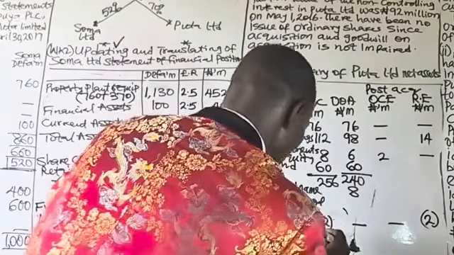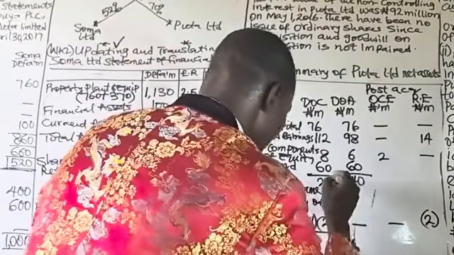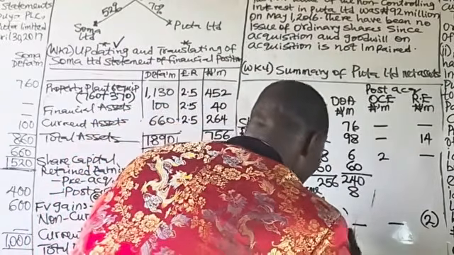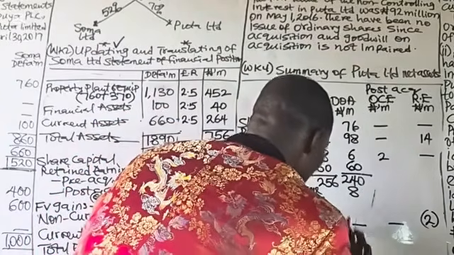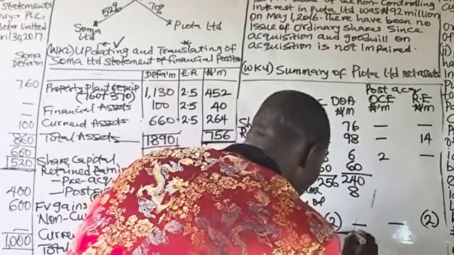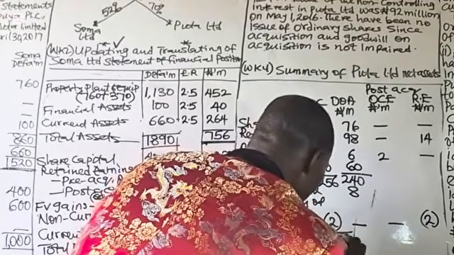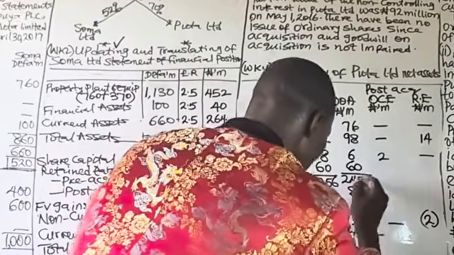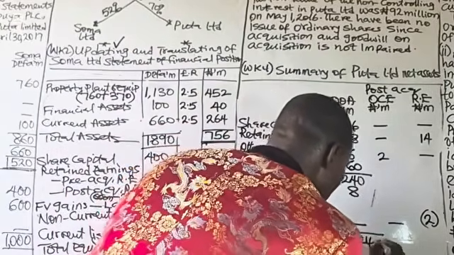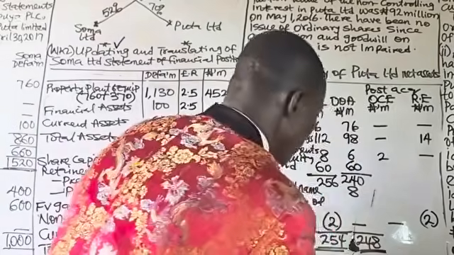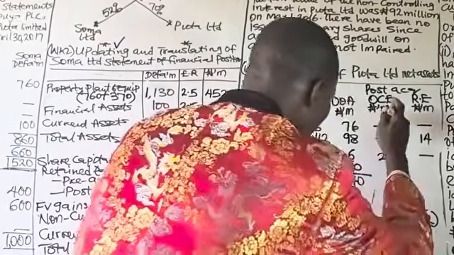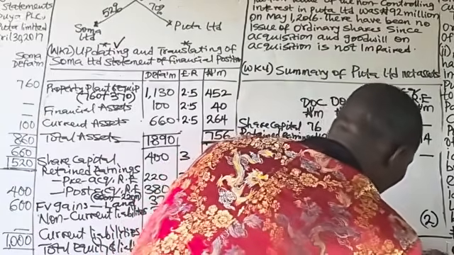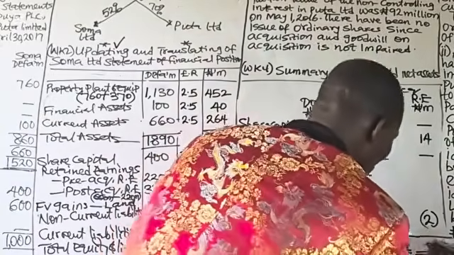So the total of this, 256 minus 2, will be 254. Then this is totaled 248. This is totaled 2. And this is totaled 12.